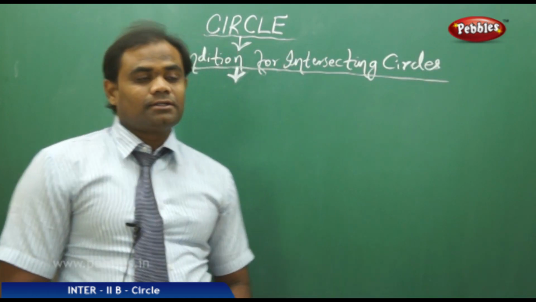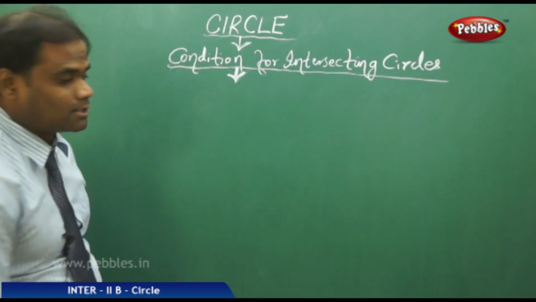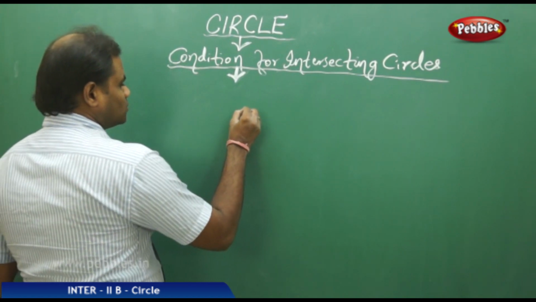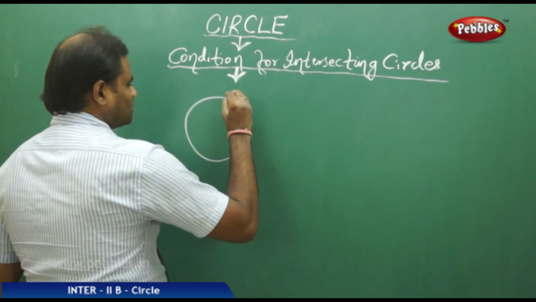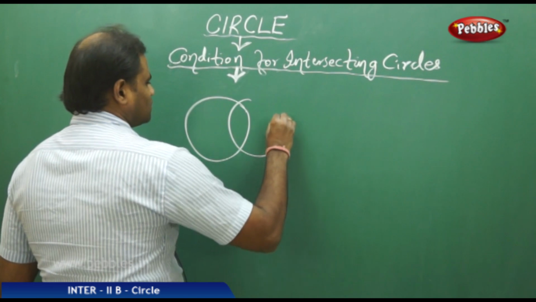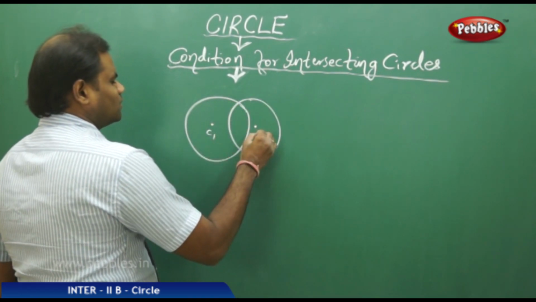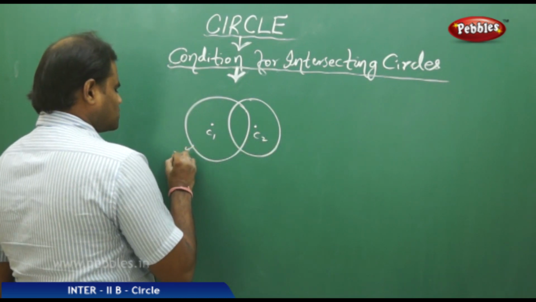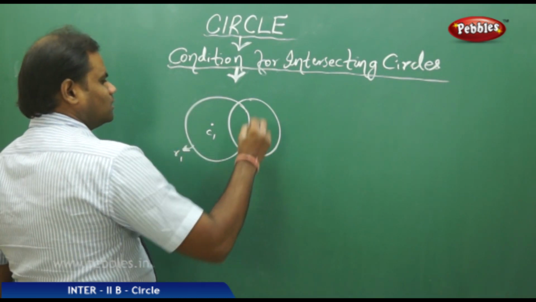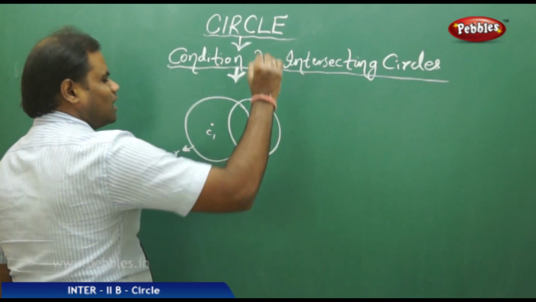Now let's take the third case of intersecting circles. That is, if the two circles are intersecting, then I have this C1 and C2, and the radius of this circle is R1 and the radius of this circle is R2.